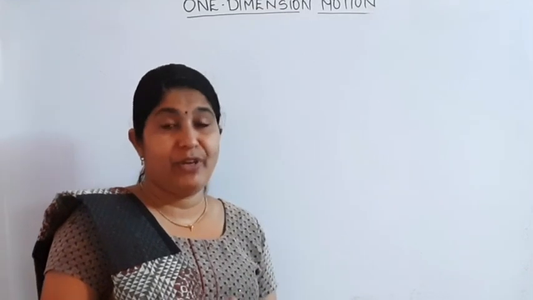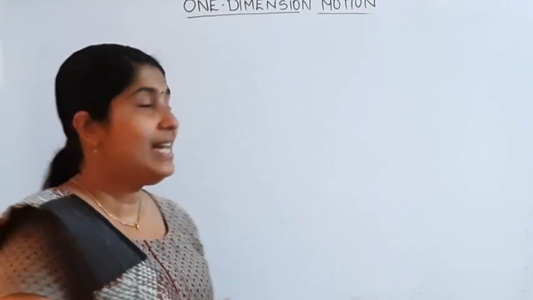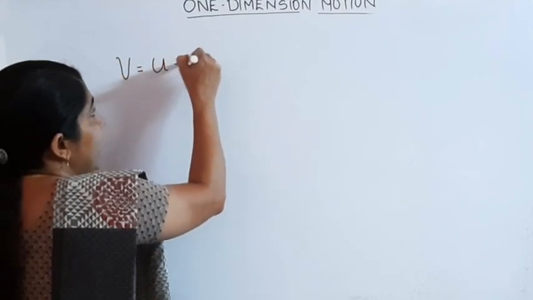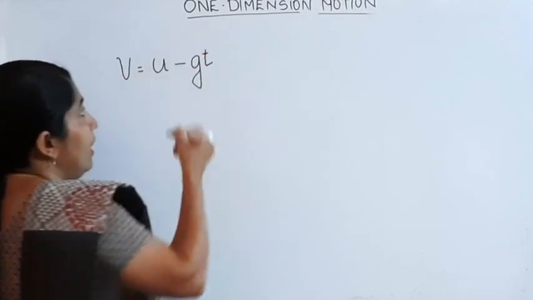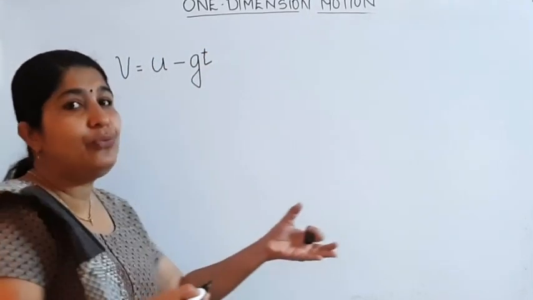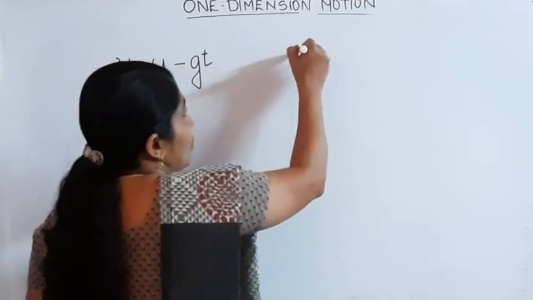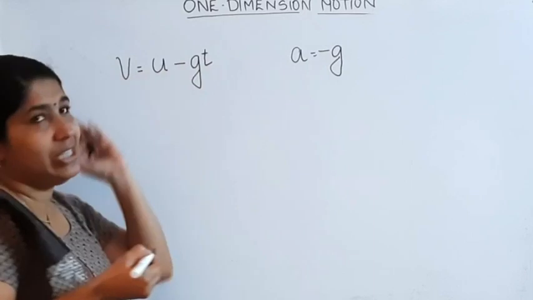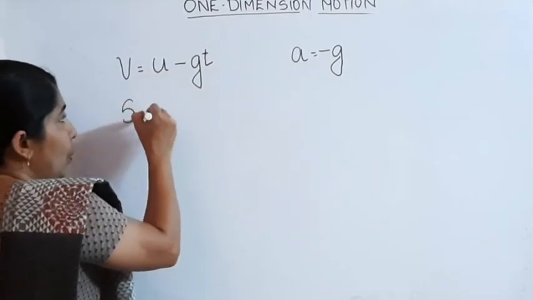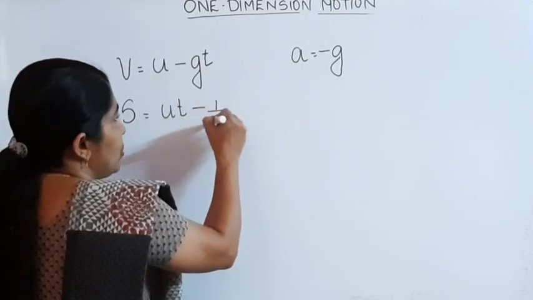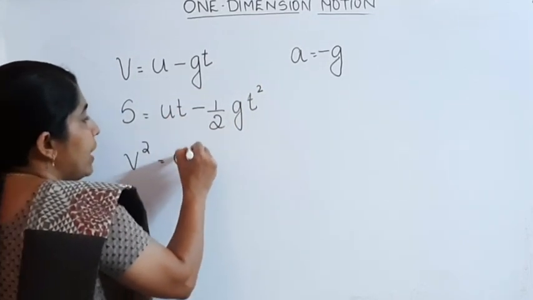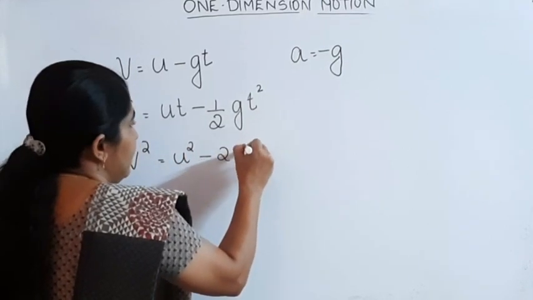Now when the body moves up under the influence of gravity, A is equal to minus G. Therefore, the equations become V is equal to U minus GT, S is equal to UT minus half GT square, and V square equal to U square minus 2GS.